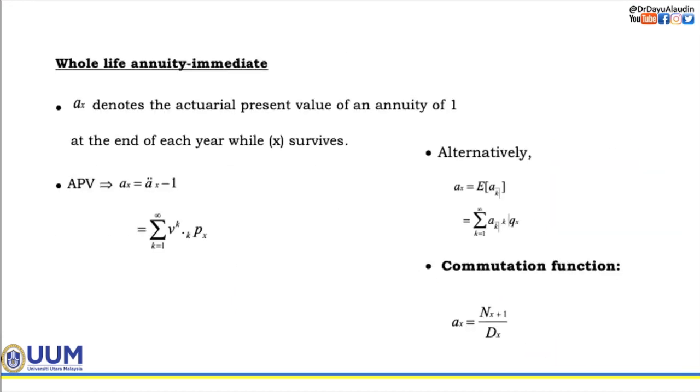So whole life annuity immediate. The notation is a x denotes the actuarial present value of annuity 1. So the payment we assume is 1 for each interval.